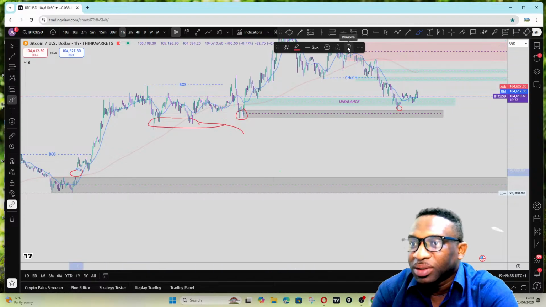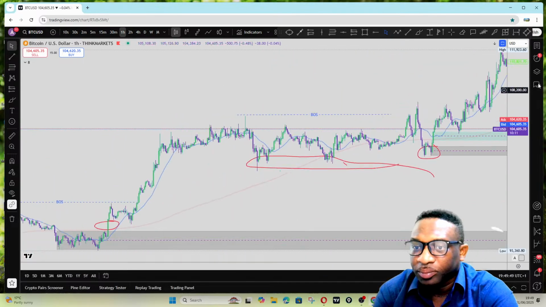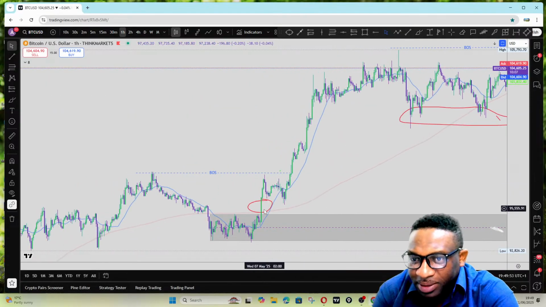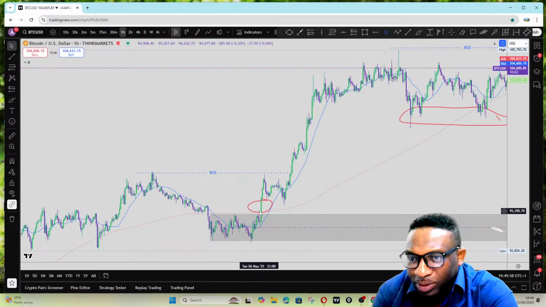Let me enlarge this chart a little bit. So as we can see, this area of imbalance attached to this area of demand is not fully filled.